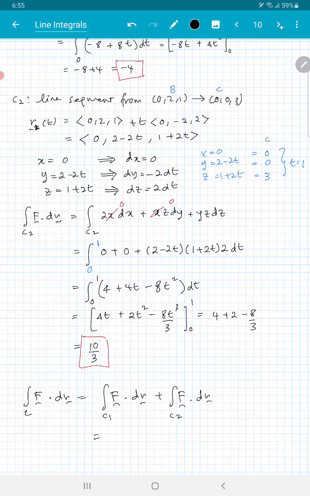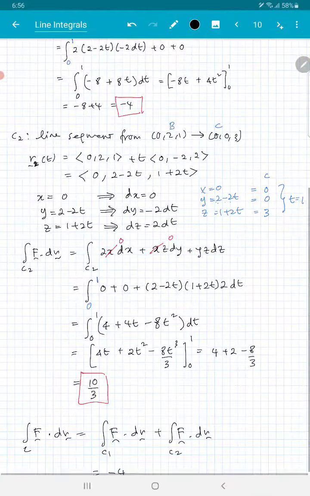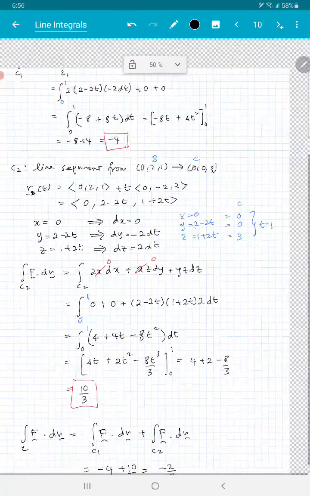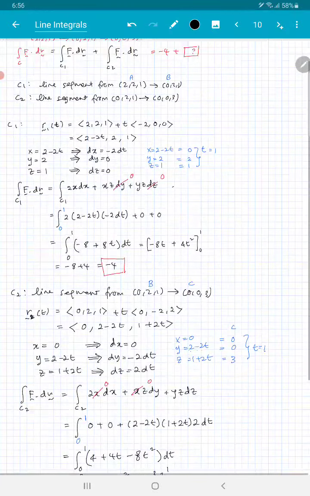And along curve C1 we get negative 4, and along curve C2 we get 10 over 3. Okay, simplify that. We get 10 over 3 minus 4, then we get negative 2/3.